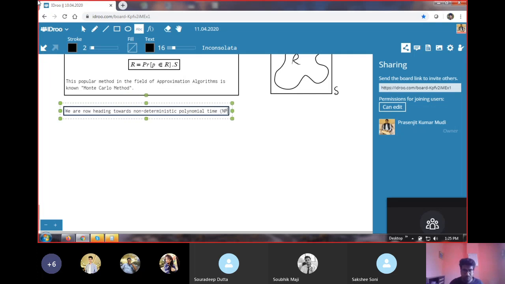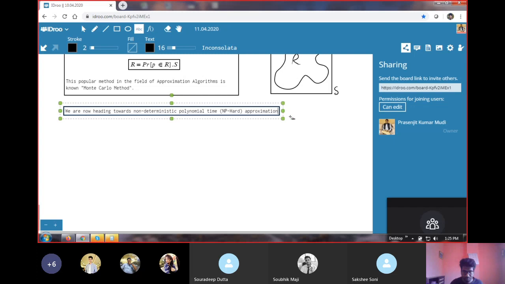So far, this is NP hard, NP complete, polynomial time. Then approximation algorithms for the NP problems, non-deterministic polynomial time, NP hard.